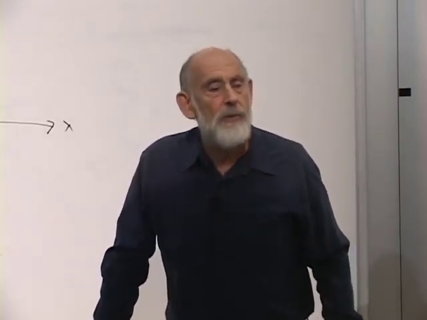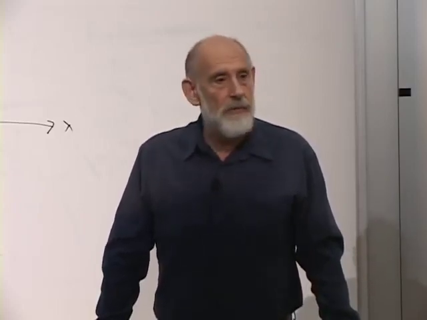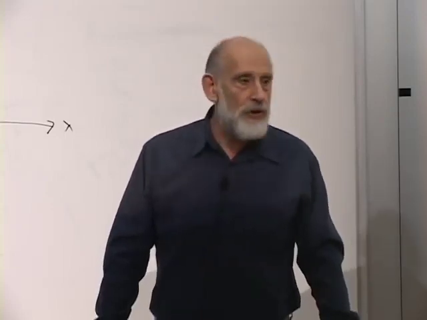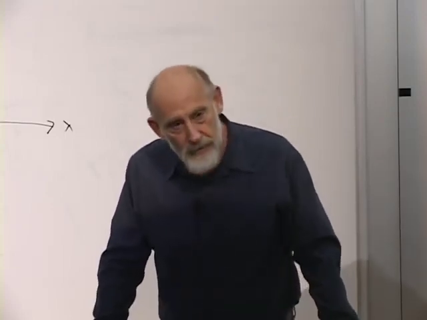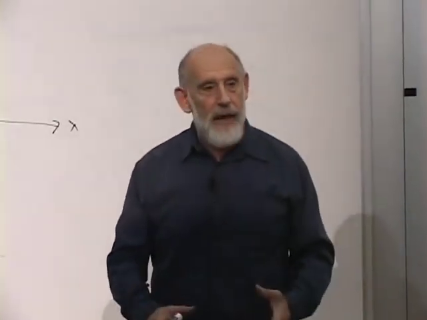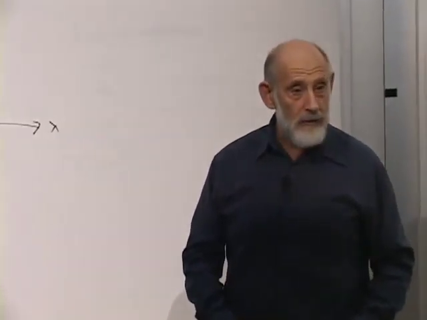F equals ma cosmology takes us a long way, and we're going to see some connections between the geometry and the F equals ma version of cosmology, what Newton would have understood as cosmology. And then we're going to put them together into a single package called Friedmann-Robertson-Walker, FRW cosmology. That will take us a couple of weeks.